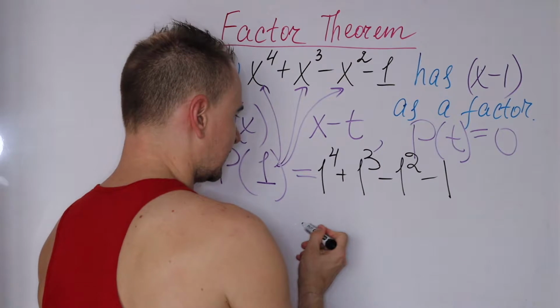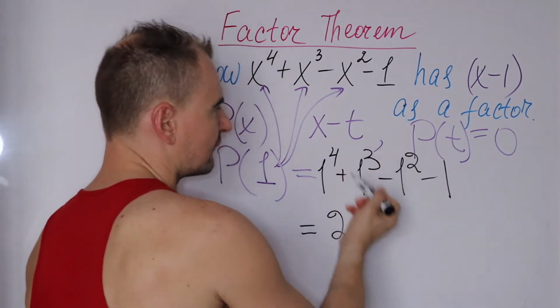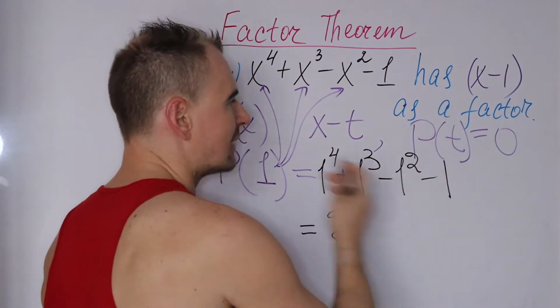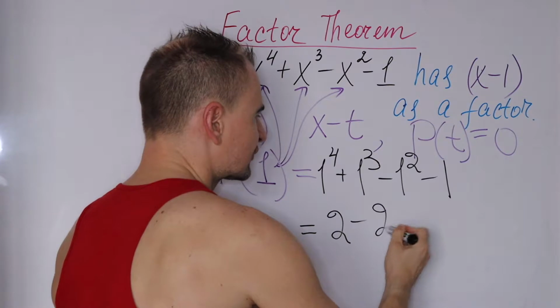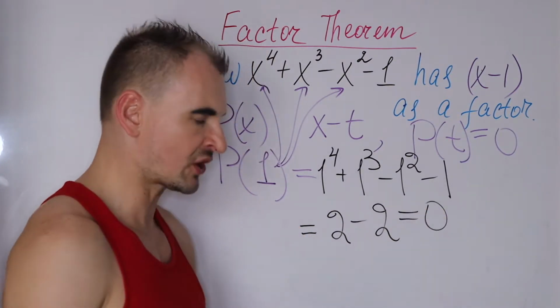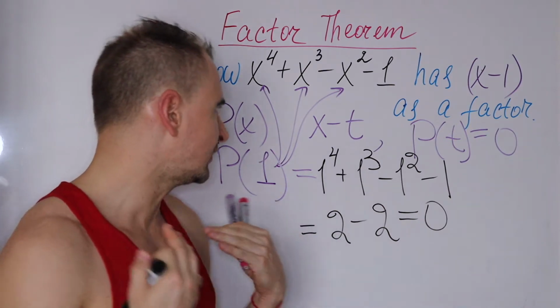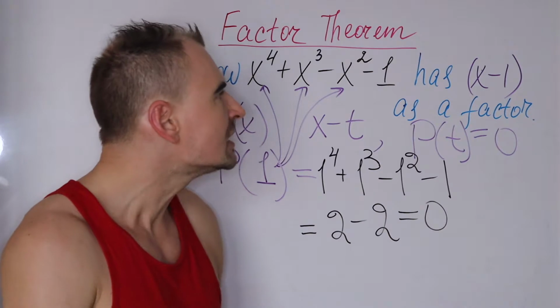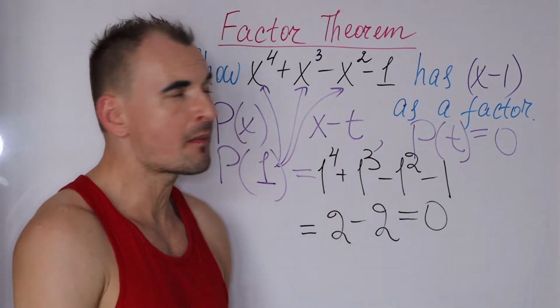So let's check. 1 to any power is just 1, so 1 plus 1 becomes 2, minus 2, it does equal 0. So that implies that x minus 1 is a factor of this given polynomial.